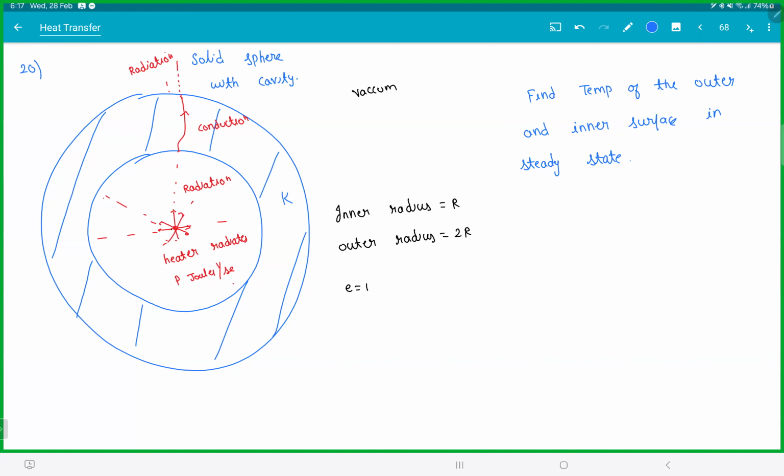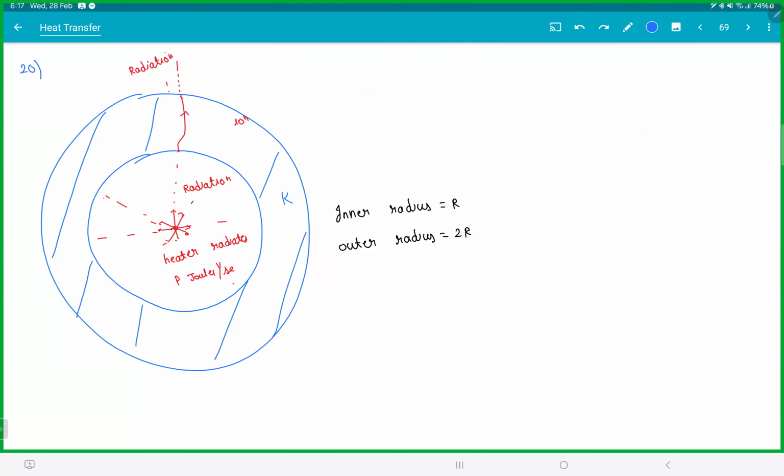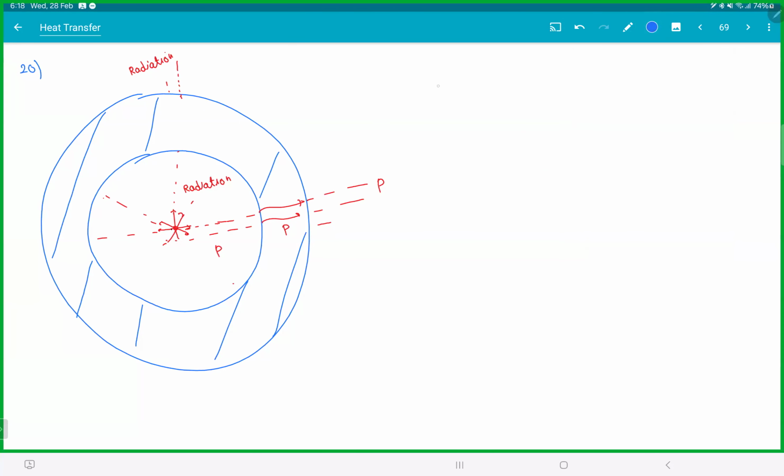See. Now, whatever power you're producing, P, this also should be P. Whatever power is coming from here through radiation, P, should be equal to the conduction, this is also P. And again, radiation, this is also P. That means power produced by the heater is equal to the conduction heat current.